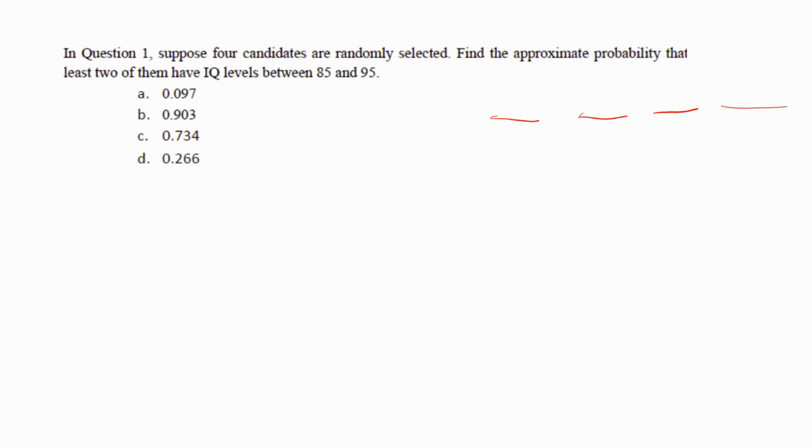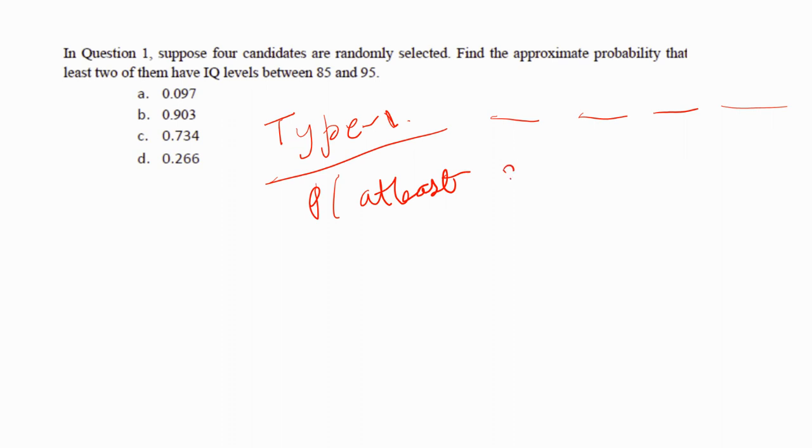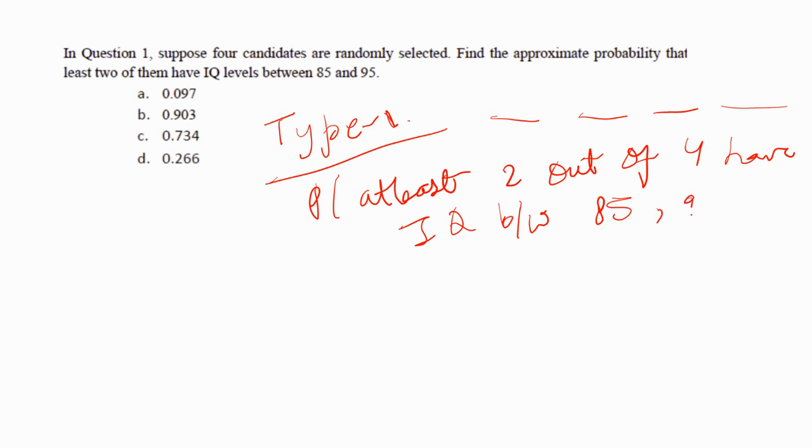At least two means we can either find the probability that two candidates have IQ between 85 and 95, three have it, and then four have it.